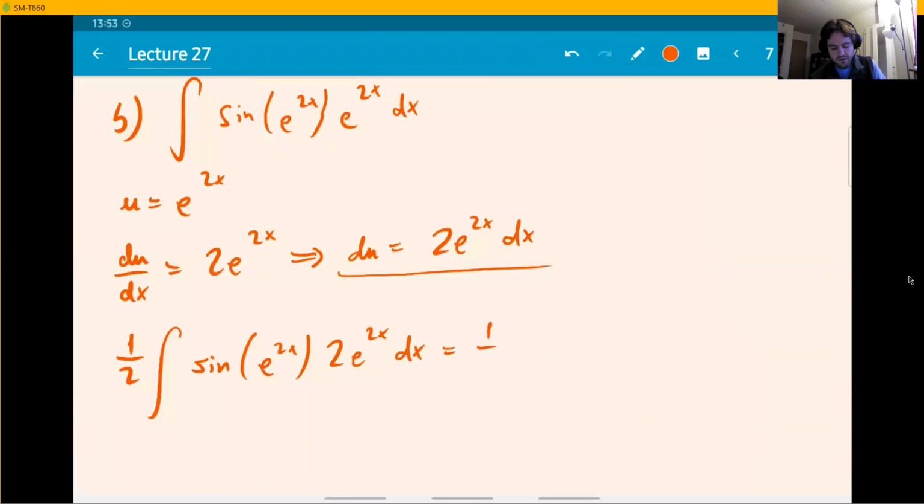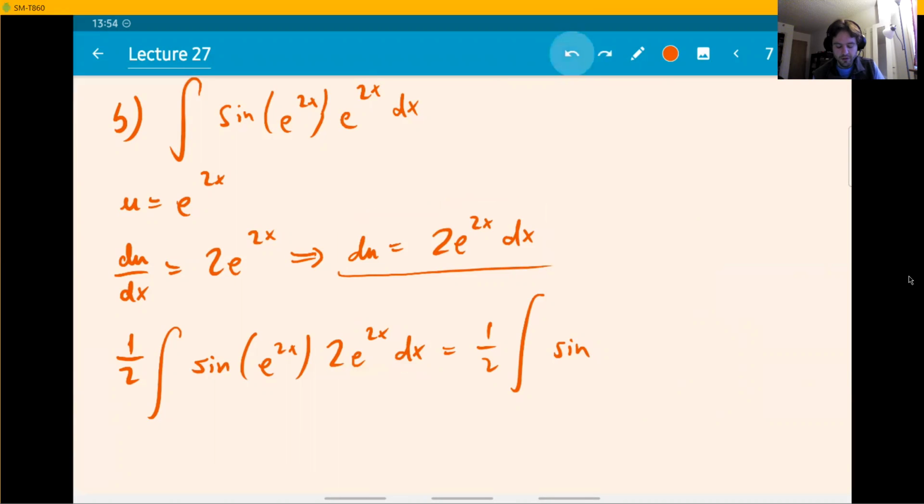And now this is sine of, here's when you look at this, anytime that you see an e to the 2x in this expression, you can replace that with u. And we see it 2 times, but we're not going to replace this one with u, because the whole reason why that was there is that this expression is du according to this.